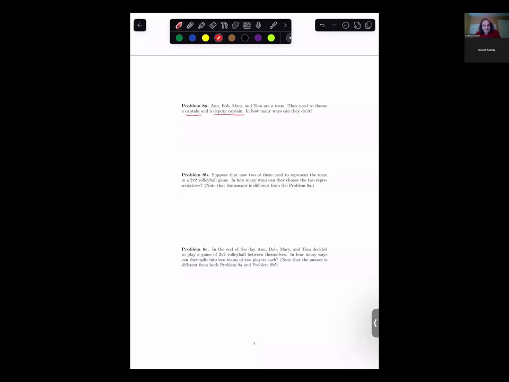Okay, so we need to choose a captain and a deputy captain. And the question is, in how many ways can we do that? Okay. So any ideas? What would be the answer? So in how many ways can we do that? So there are four kids. They need to choose a captain and a deputy captain.